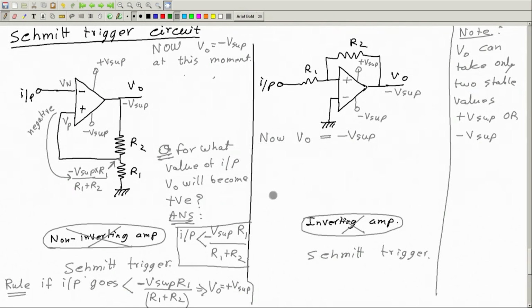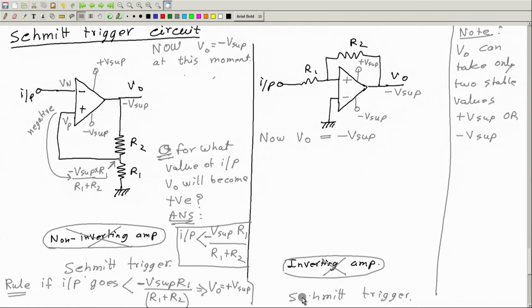Now, I will ask again the same question: for what input will the output become positive? So, that is the question. For what input output will become positive?